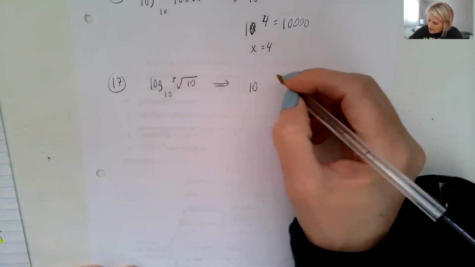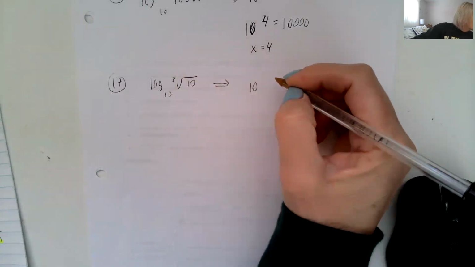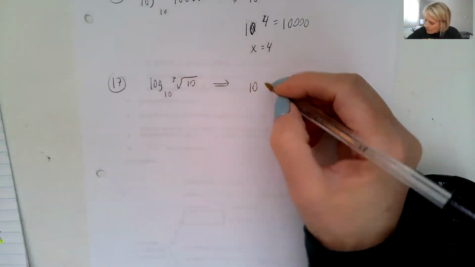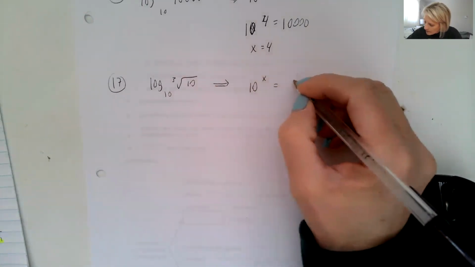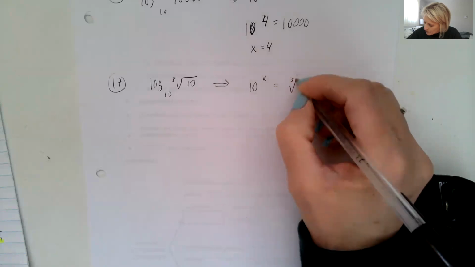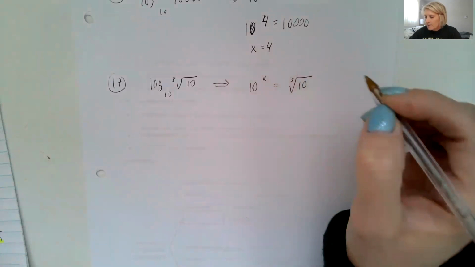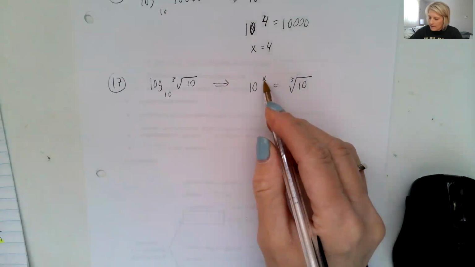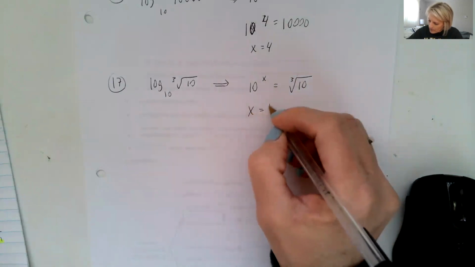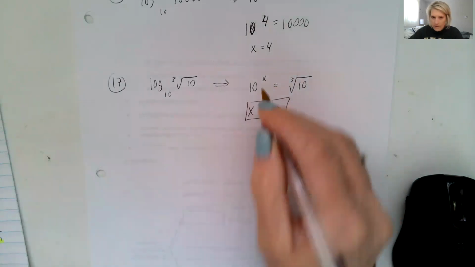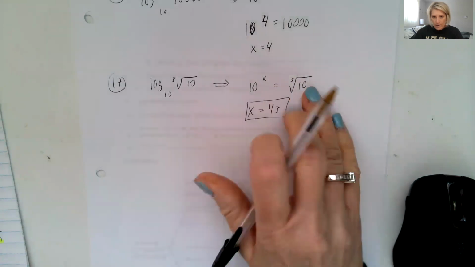So 10 to what exponent will give me the cubed root of 10? So that means x must be 1/3, because the fractional exponents are really the same as a root.